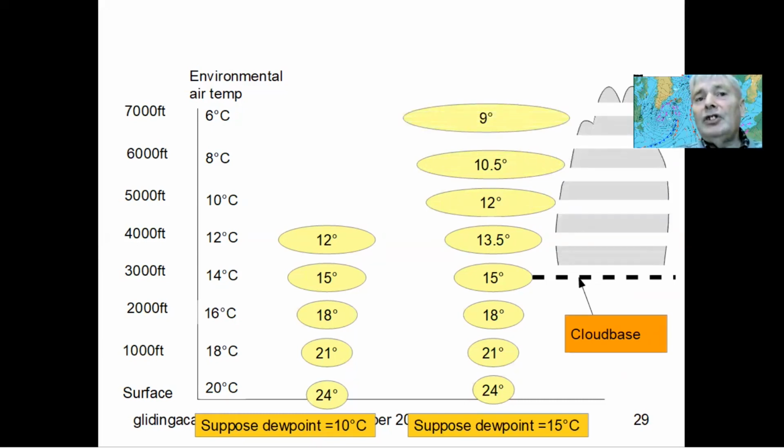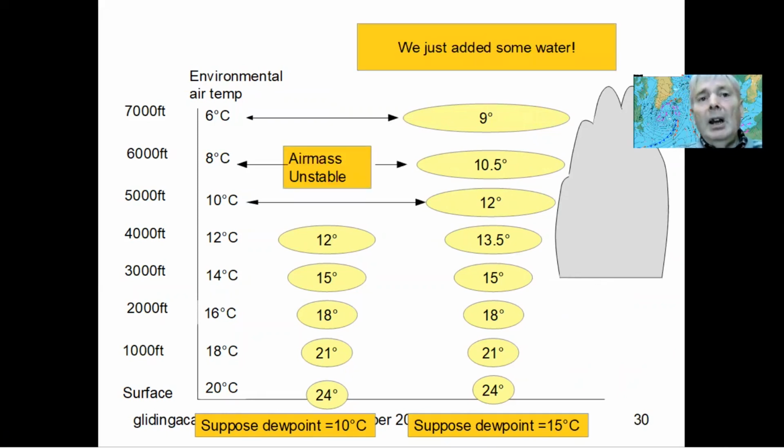And you can see a continuing increase in the temperature difference as we go up. In these circumstances, you would have a towering cumulus, a big cumulus, which could be the basis for a big thunderstorm.